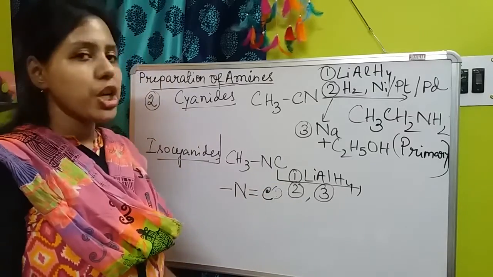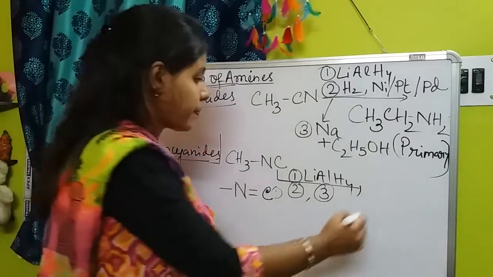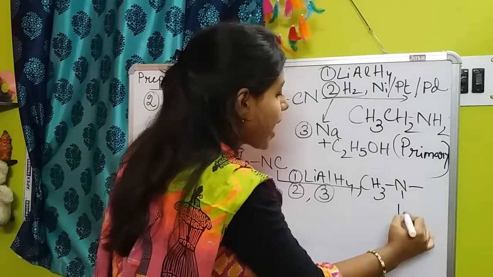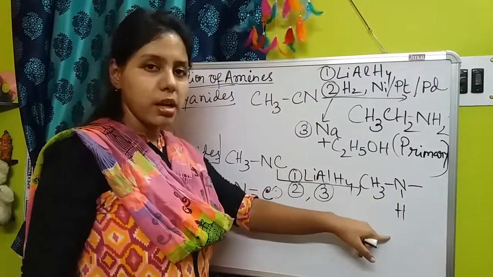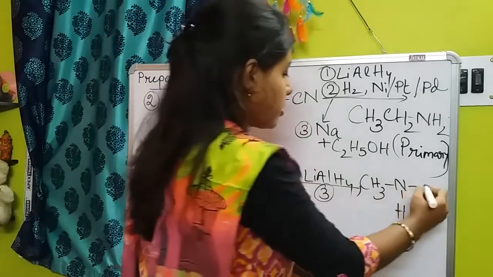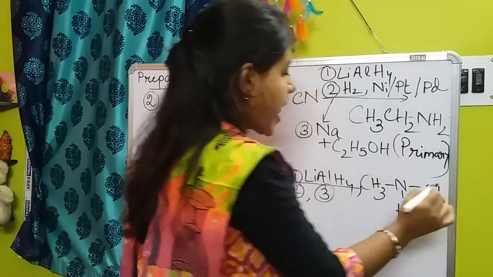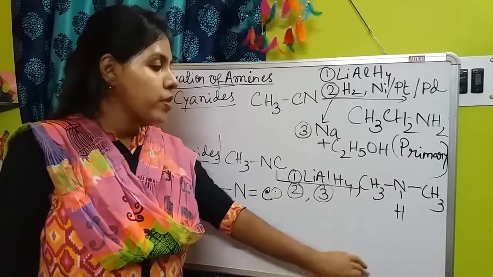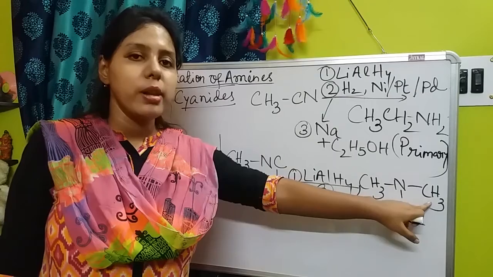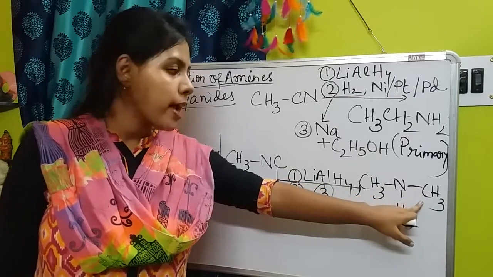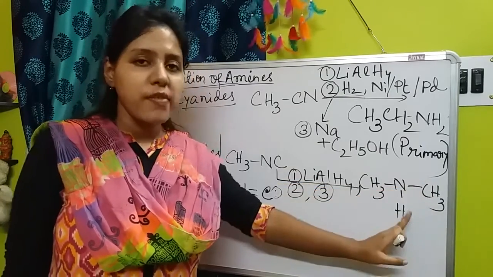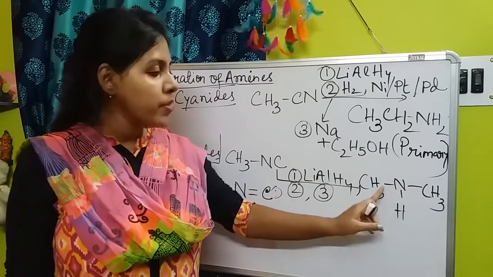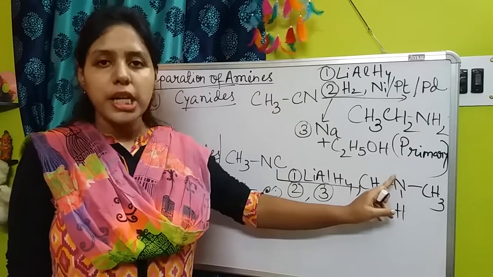Whenever there is the addition of hydrogen, one hydrogen will be added to the nitrogen, NH, and as carbon generally shows tetravalency, 3 hydrogens will be attached to the carbon, fulfilling its tetravalent nature, and 1 hydrogen will be added to the nitrogen, fulfilling its trivalent nature.